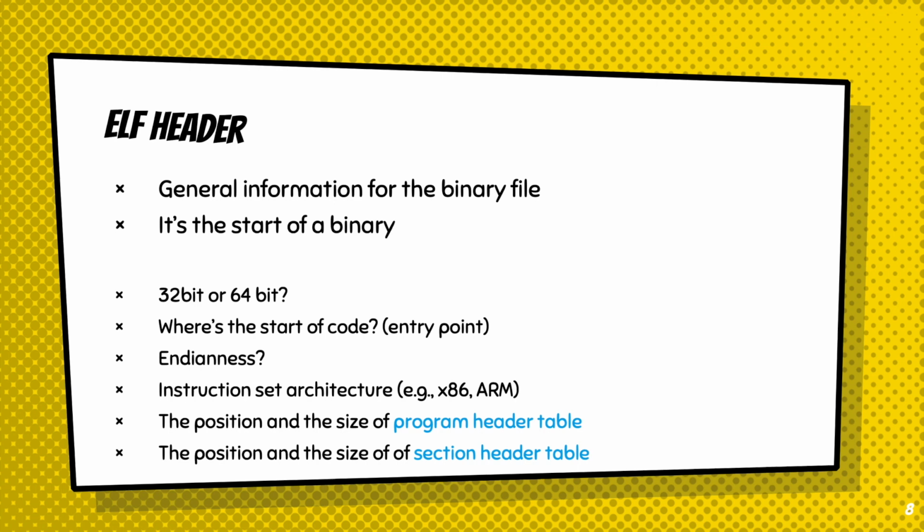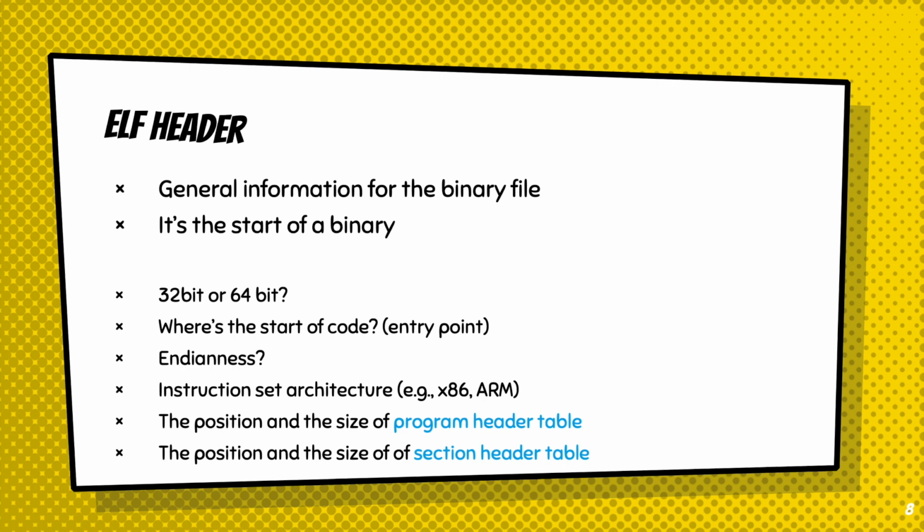For the ELF header, as I just mentioned, it contains the general information for the binary file. It can also be considered the start of the binary. It's not the start of the execution though, but it contains the information necessary for a computer to parse and understand what's going on inside the ELF file so that the computer can execute it later on. There's a lot of information in the ELF header. For example, it contains whether the binary is 32-bit or 64-bit.